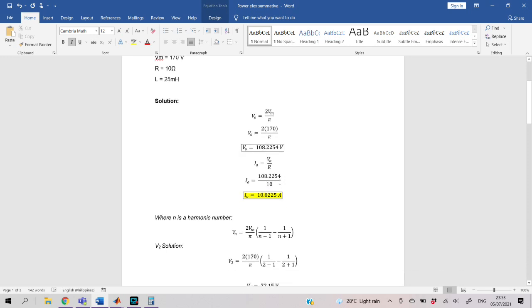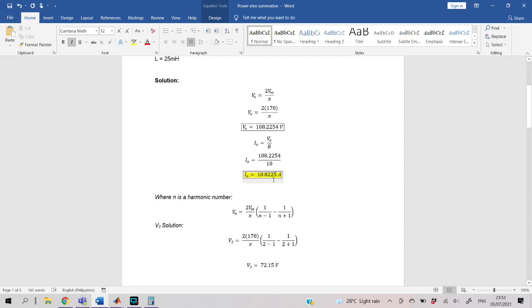The formula for the current is the average voltage divided by R. Substituting, 108 volts divided by 10 ohms is equal to 10.8225 amperes, which will serve as the average current for the load.